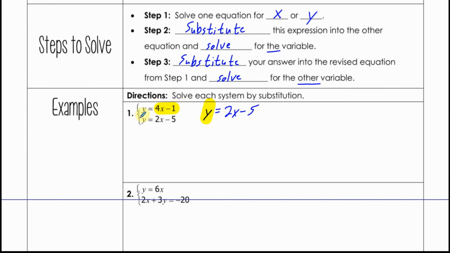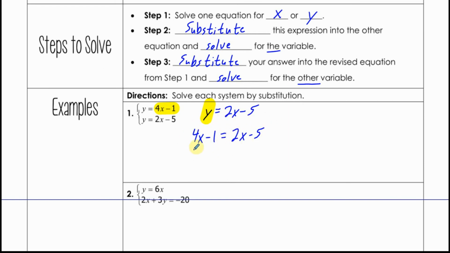So since it tells me y is 4x minus 1, I'm going to replace y with 4x minus 1. And as I stated up here, now you've gone from an equation with 2 variables, x and y, to an equation with only one variable. So now we have to solve this equation.